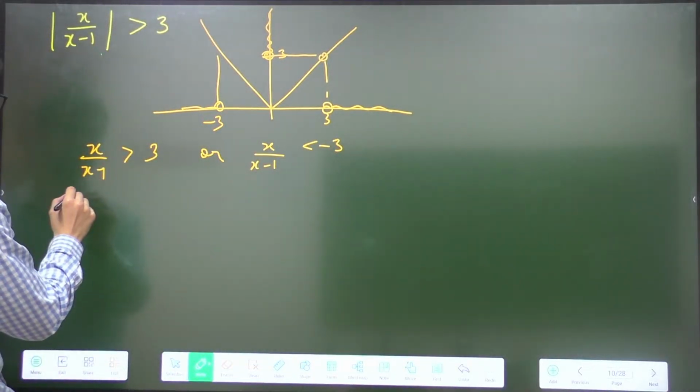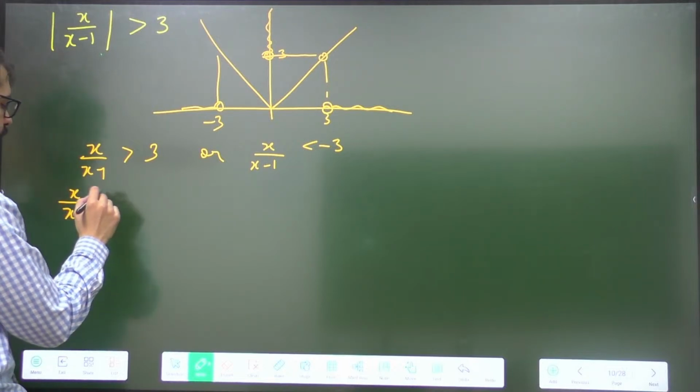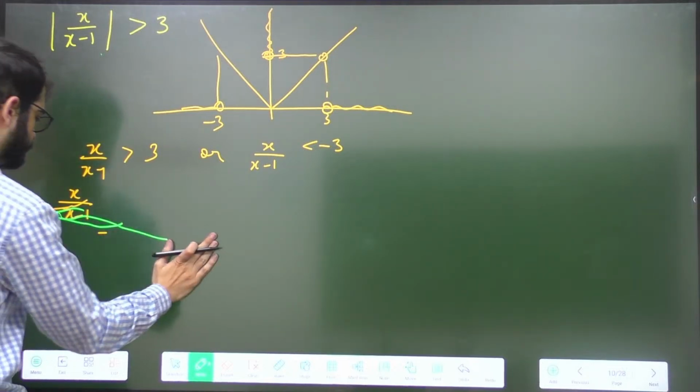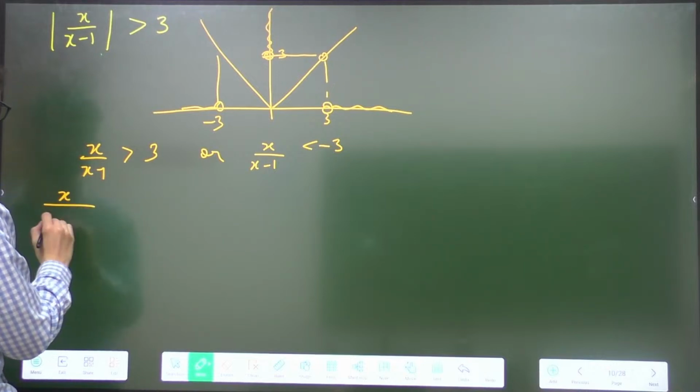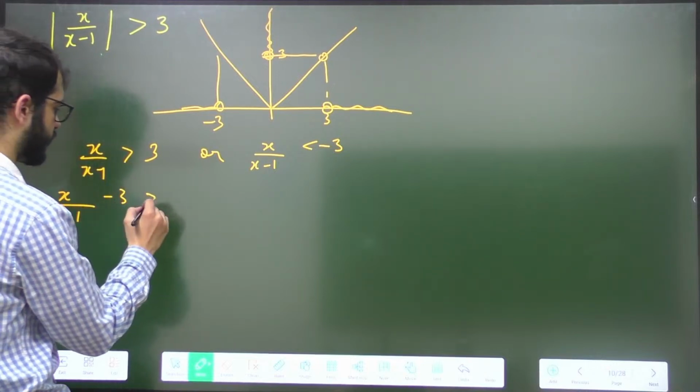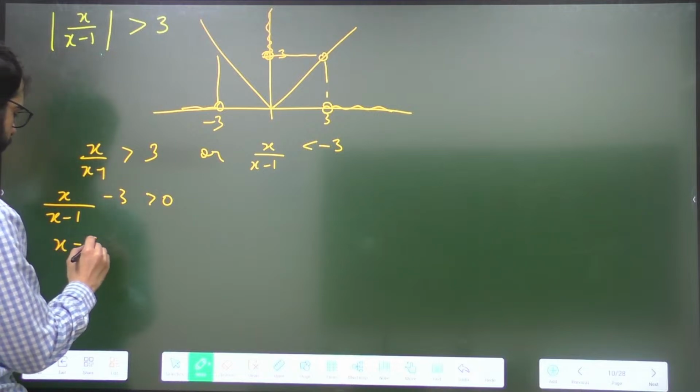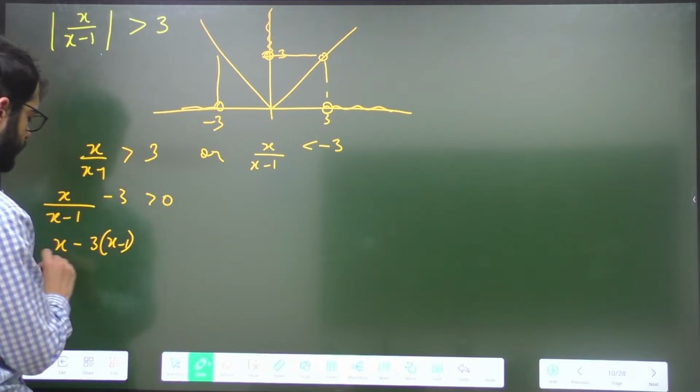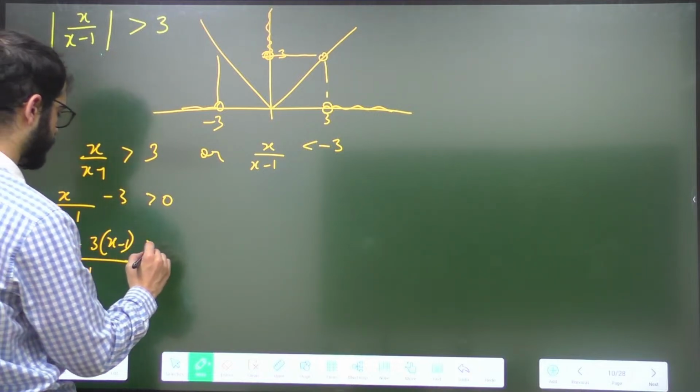If I have to solve this, I'll write it as x upon x minus 1 minus 3 greater than 0. So finally it becomes x minus 3 times of x minus 1 divided by x minus 1 greater than 0.